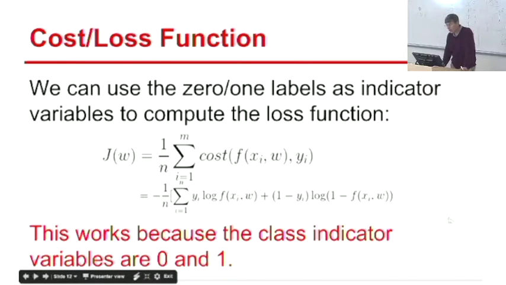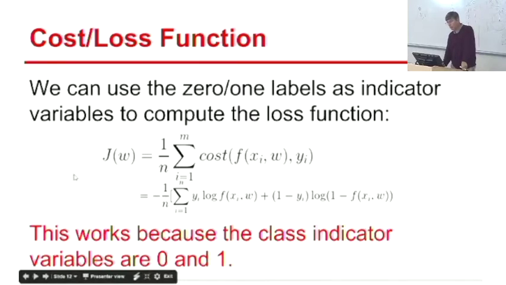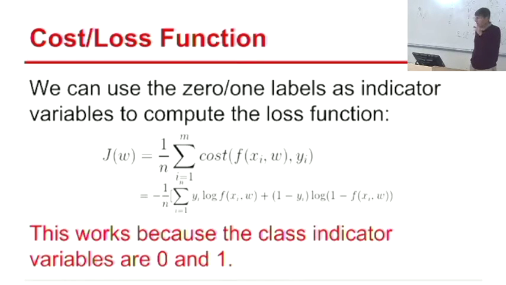This was the error function, the thing that would measure the undesirability of a particular vector W. And therefore, because this error function is convex, we can use the same gradient descent search to find the minimum, and therefore find the best parameters to separate this.